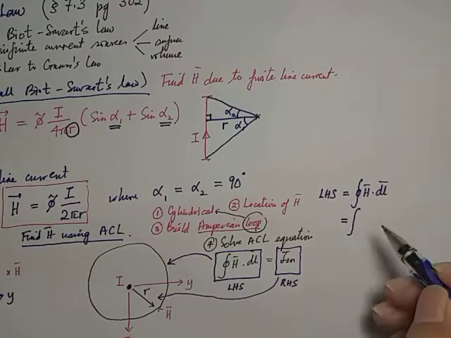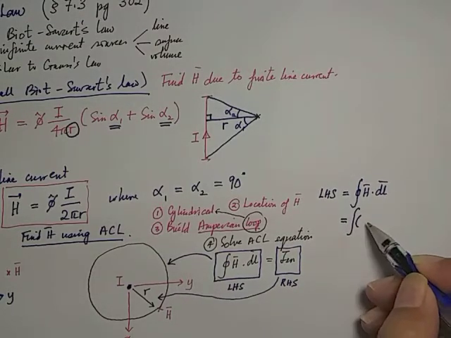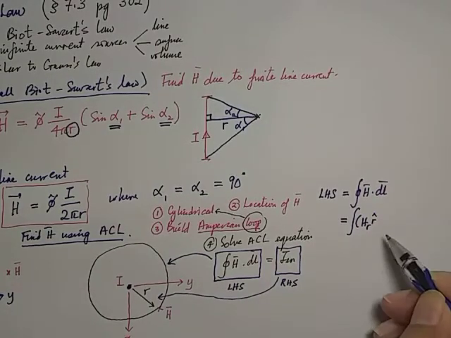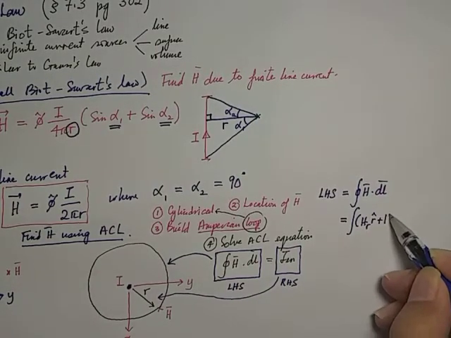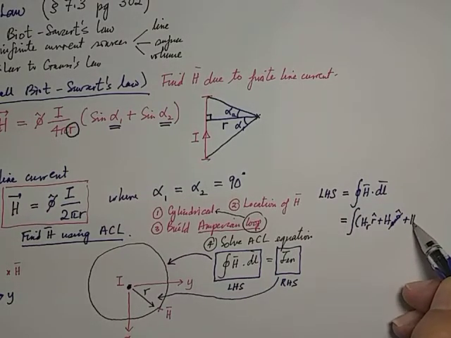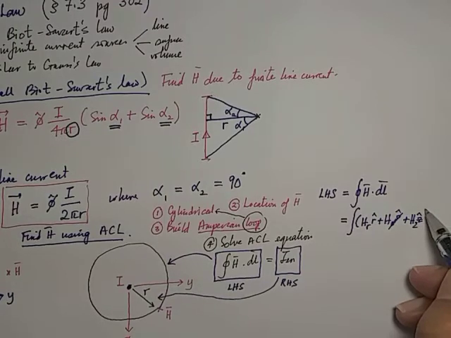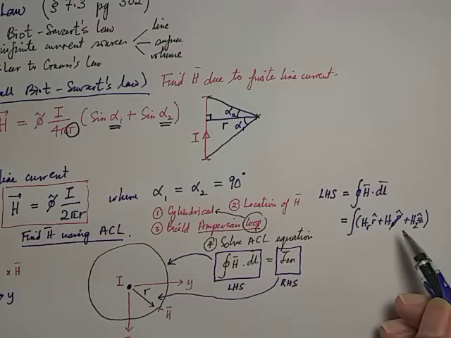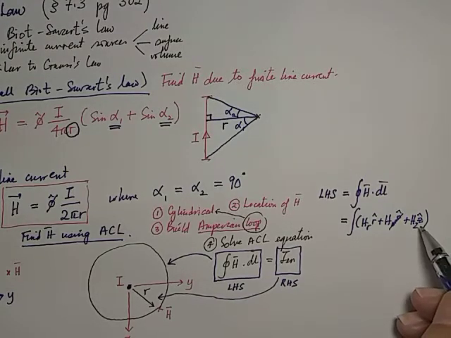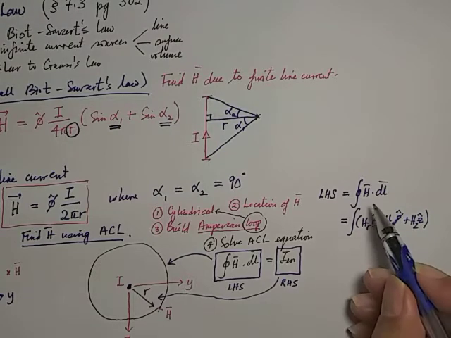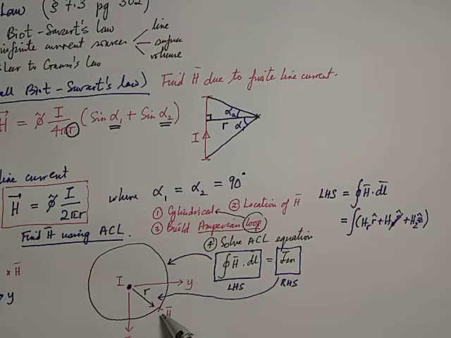Cylindrical. So my H now consists of H_r in the r direction plus H_phi in the phi direction plus H_z in the z direction. Why? Because we are using cylindrical coordinates, consisting of component r, component phi, and component z. So that should be our general substitution for our H at this particular point.